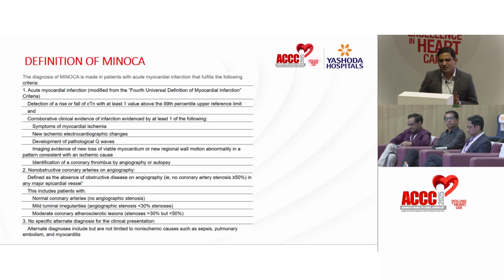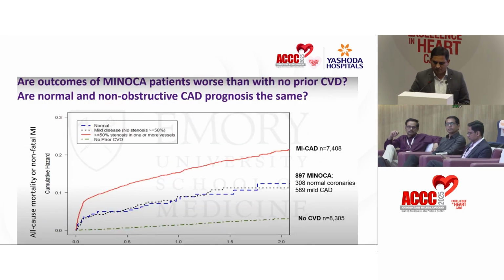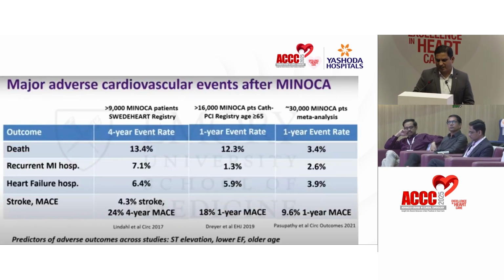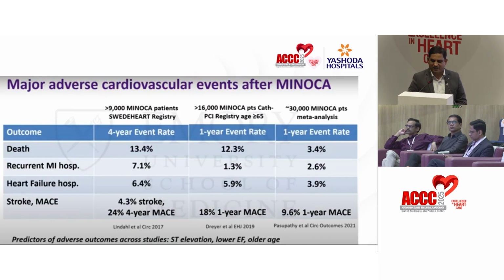If you discharge him like that, it's like a crime, because the data from many meta-analyses show that MINOCA patients, compared to patients with normal coronaries, have a very high mortality rate and non-fatal MACE. Of course, compared to obstructive coronary arteries it is less, but compared with normal coronary arteries it is significantly high.